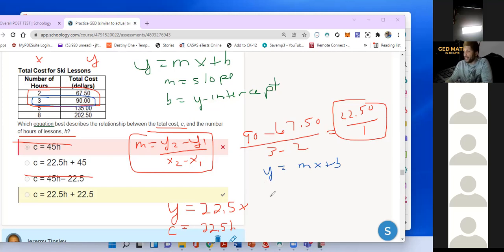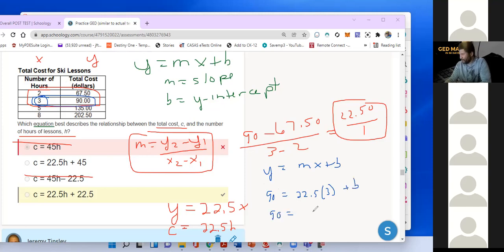So my y is 90 equals my slope, which I just figured out is 22.5, my x is 3, plus b. So we got 90 is equal to 67.5 plus b. Again, how do I get b by itself? I'm going to subtract 67.5 from both sides.